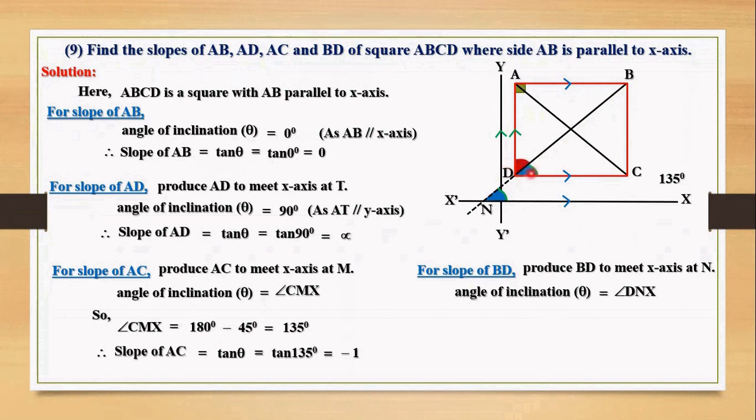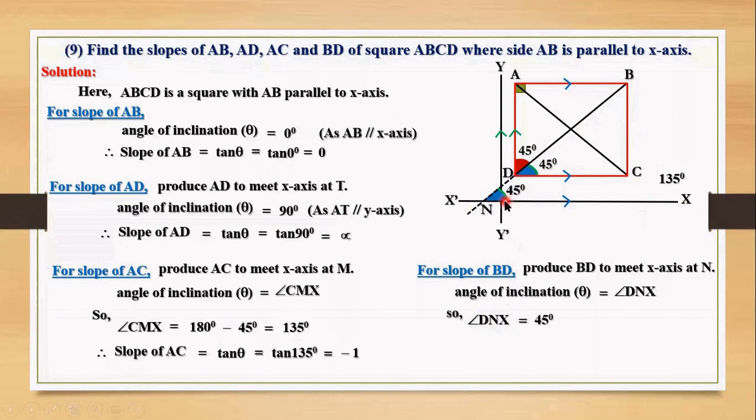The vertex angle is 90 degree, so both of these angles should be 45 degree. Here DC and the x-axis are parallel to each other, so BDC and DNX are a pair of corresponding angles. So they are equal, and we get angle DNX equal to 45 degree.